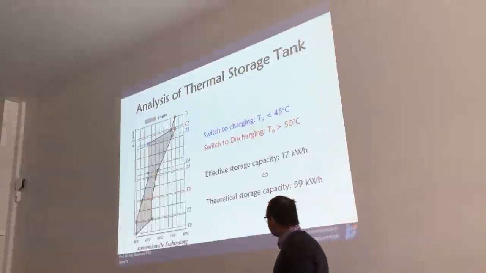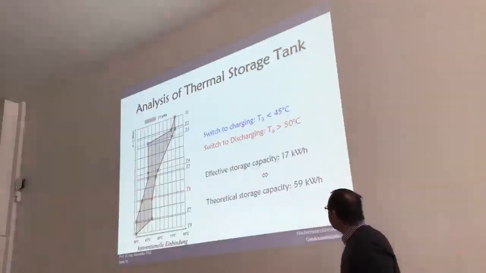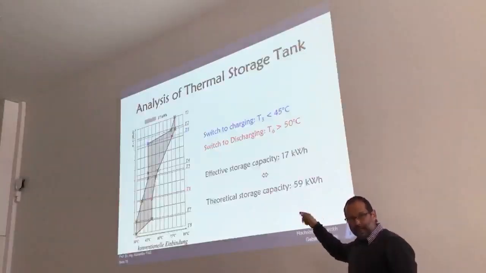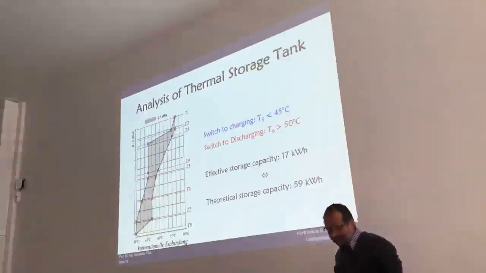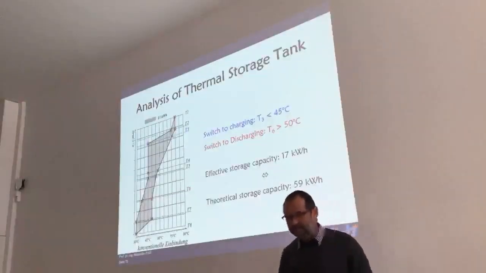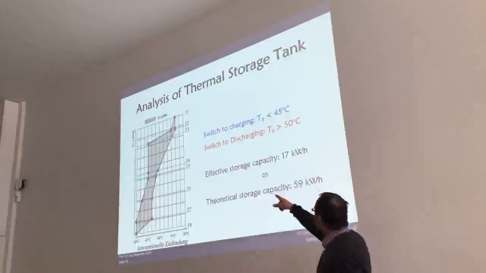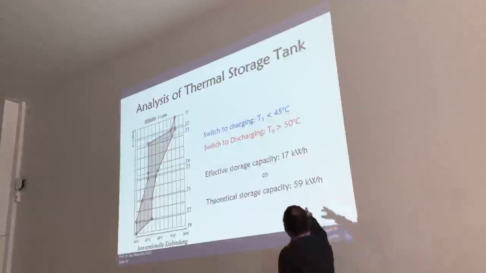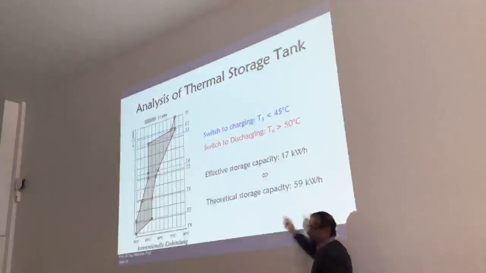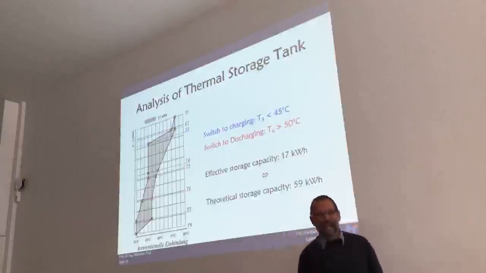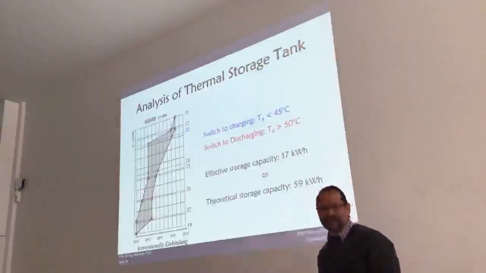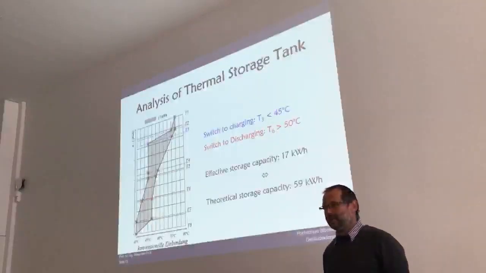If you go back to the theoretical ideal storage capacity, which is the total mass of the storage multiplied with the specific heat capacity, multiplied with the difference between charging temperature and discharging temperature, we would get a theoretical storage capacity of 59 kilowatt hours. The reality shows us just a capacity of 17 kilowatt hours. So there's a big difference in between which can be optimized.